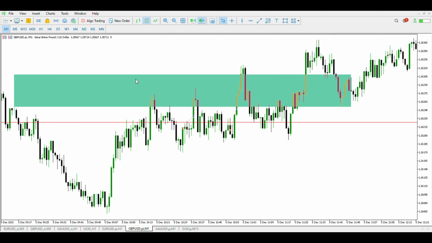Then this turquoise box up here, or should I say green box, is a 15-minute fair value gap. The moment price hits the 4-hour order block, I'm looking at higher time frame PD arrays, that's premium discount arrays, to buy or sell any asset that I'm going to trade.